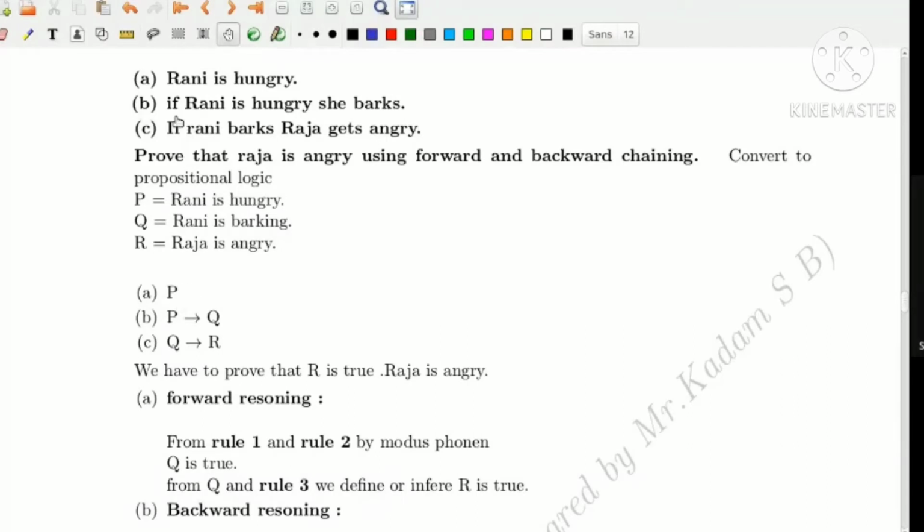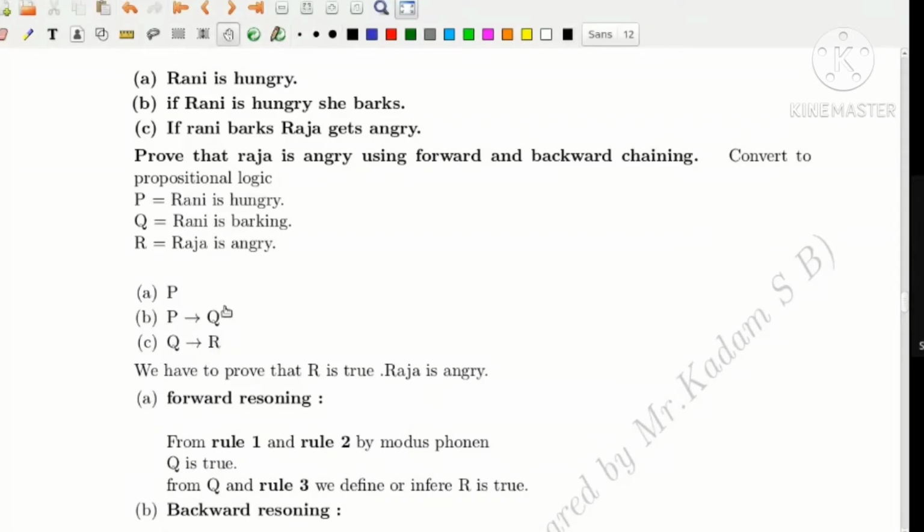The second thing is, if Rani is hungry, she barks. So I have a rule, that is P implies Q. And the third rule, if Rani barks, Raja gets angry. Okay, if Q, then it implies R is true.